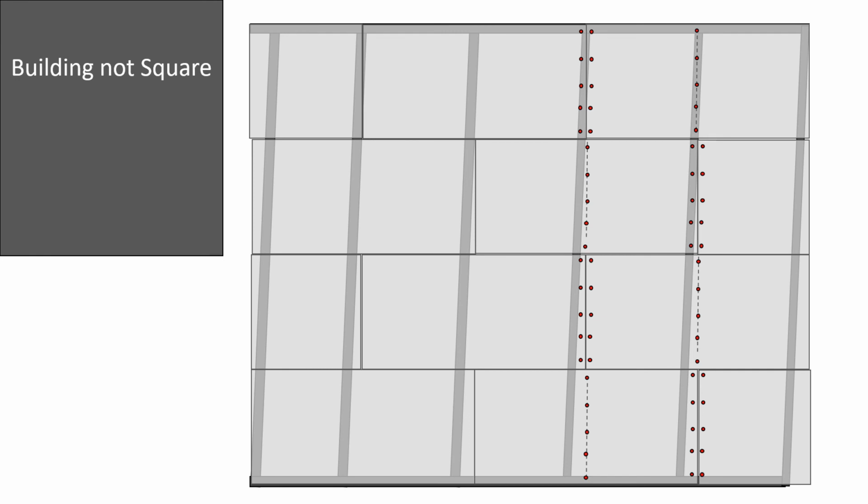But now you can see the problem. Because the frame wasn't square, only a few nails hit the joist. Like these hit, but very quickly, none of these nails even hit the joist. This is exaggerated a little bit. I drew it way out of square so you can see.